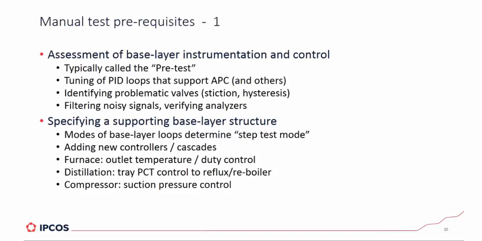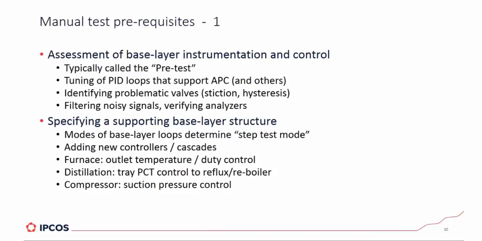In some cases, we could be adding new controllers or cascades, for example, a furnace outlet temperature or a duty control. We often come to a plant and see the operators adjusting fuel gas flow or fuel gas pressure to a furnace themselves. Our best practices would then advise us to get such a furnace outlet temperature on the base layer to support the APC, which will come on top of that.